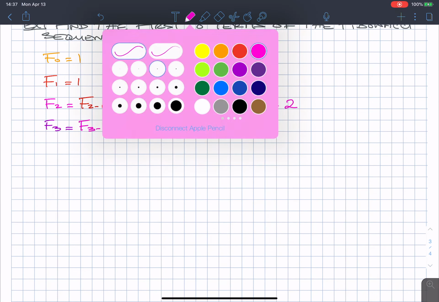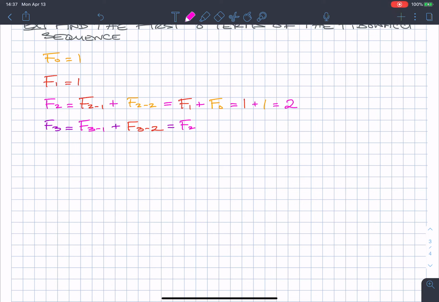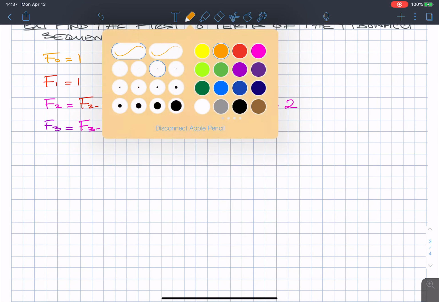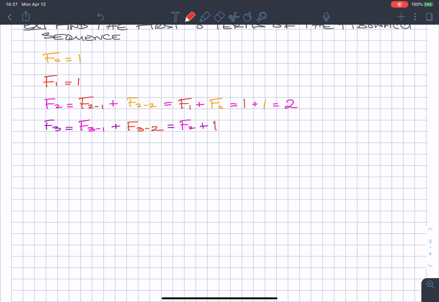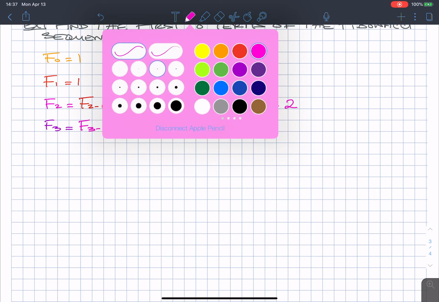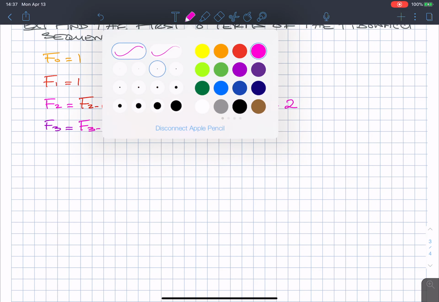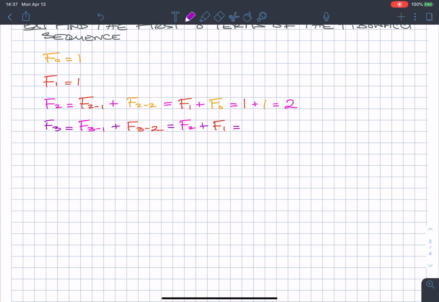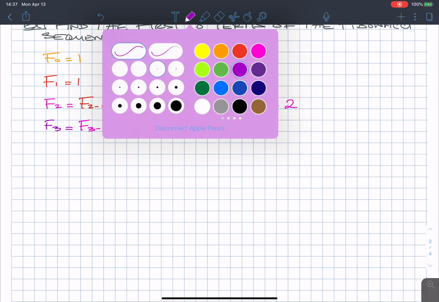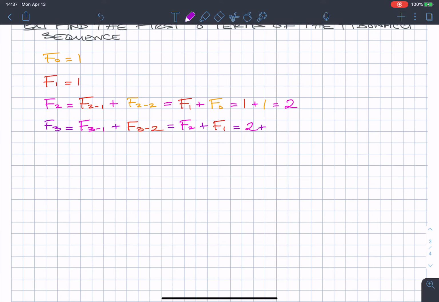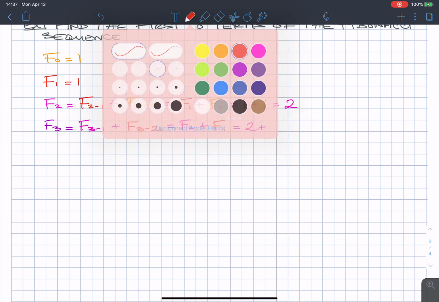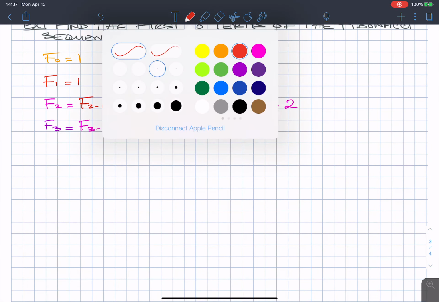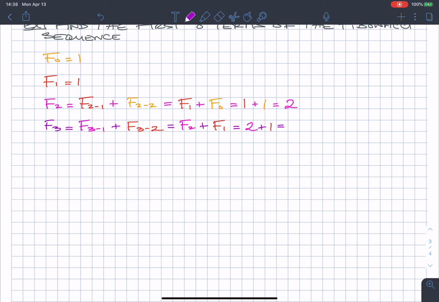That gives us f sub 2, the second Fibonacci number, plus f sub 1, the first Fibonacci number. So we found that f sub 2 was 2, and we're going to add to that f sub 1, which was 1. So the third Fibonacci number is 3.